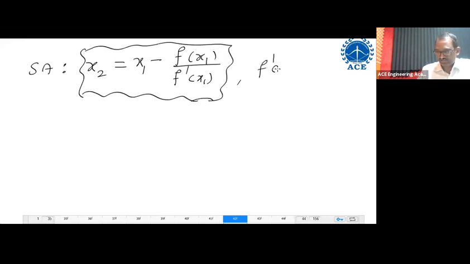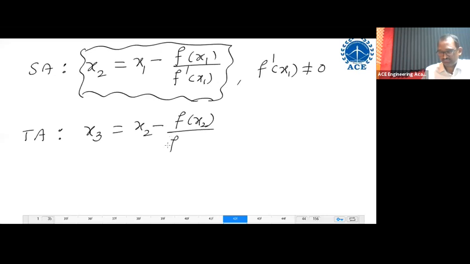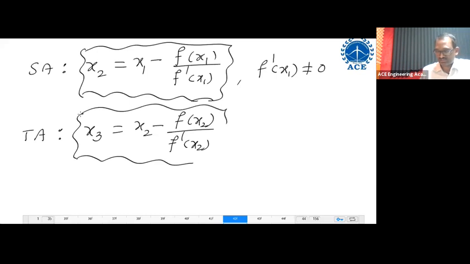But this is valid only when f dash of x1 is not equal to 0. Third approximation x3 is equal to x2 minus f of x2 by f dash of x2. In the same manner we just guessed the third approximation also.